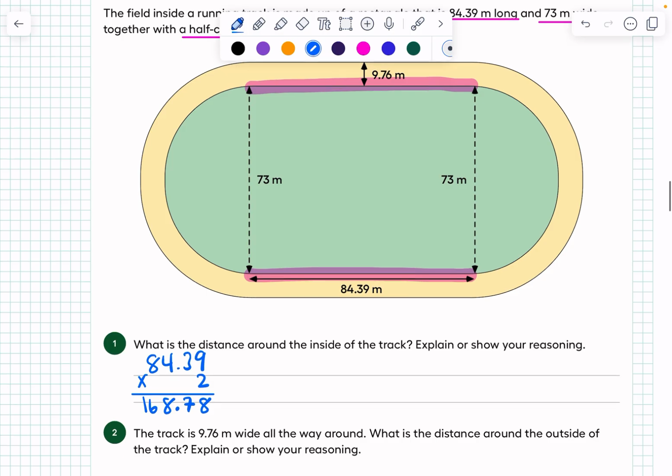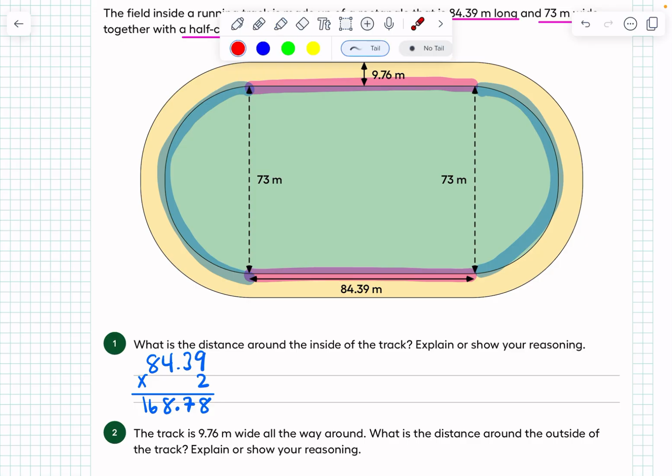Now what we need to do is this right here in blue, this one and this one right here. Together, that would be the perimeter, the circumference of a circle, the outside distance of a circle. Those two halves would make one whole circle.